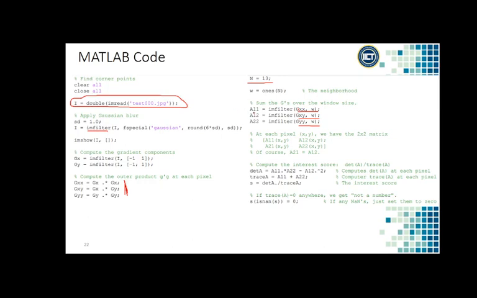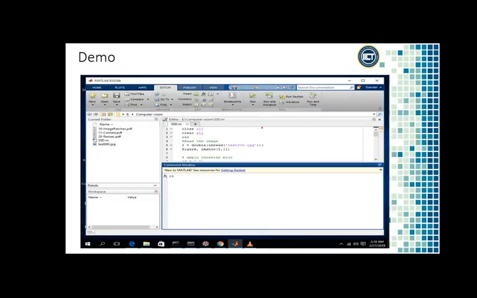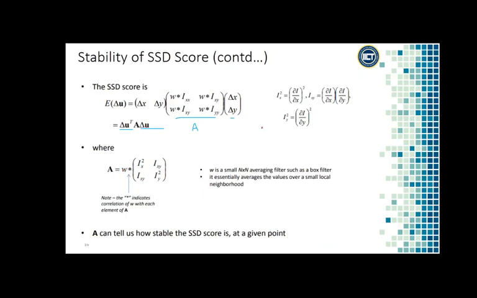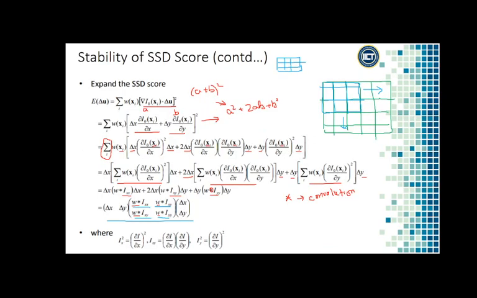We consider them as the A matrix: A11, A12, and A22. If you can recall, this is the A matrix, right?